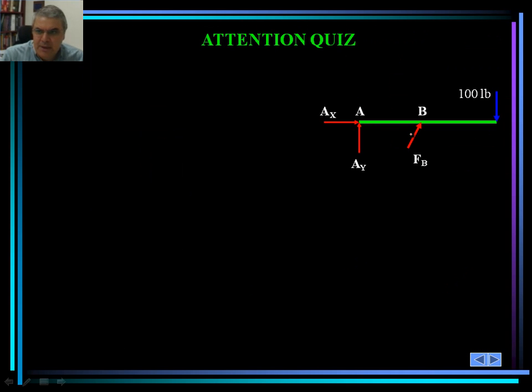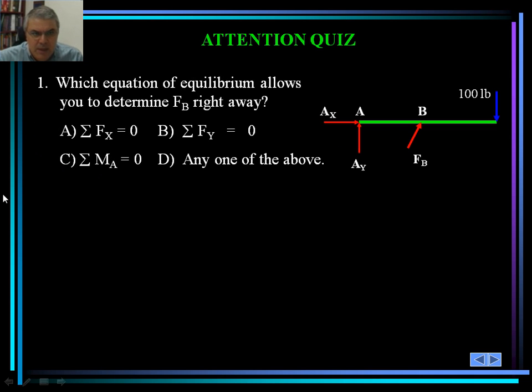Let's take a look at an attention quiz here. Which equation of equilibrium allows you to determine F sub B right away? In this case, the equations of equilibrium are given. Summation of forces in X is 0, Y is 0. Summation of moment about point A is 0.